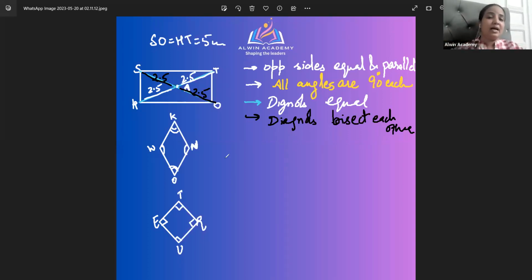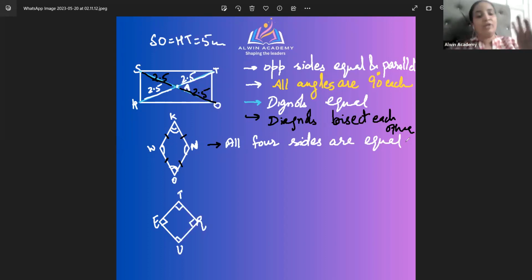So let me start with the conclusion here. Opposite sides are equal. Adjacent sides are also equal in a rhombus. That means all the sides are equal, right? So let me conclude this by writing that all four sides are equal. When I say all four sides are equal, this is very obvious.